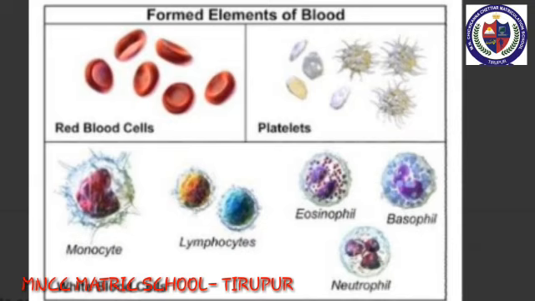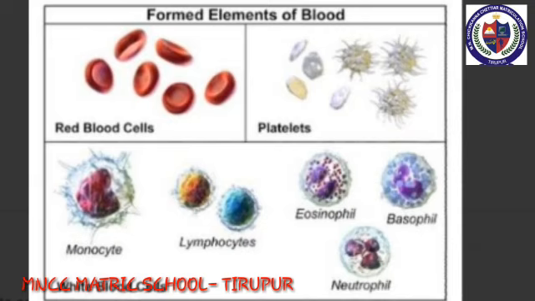First one, neutrophils. These corpuscles form 60% to 65% of the total leukocytes. Their numbers are increased during infection. Second one, eosinophils. They have a bilobed nucleus and constitute 2% to 3% of the total leukocytes.